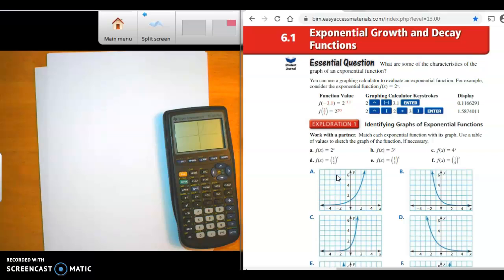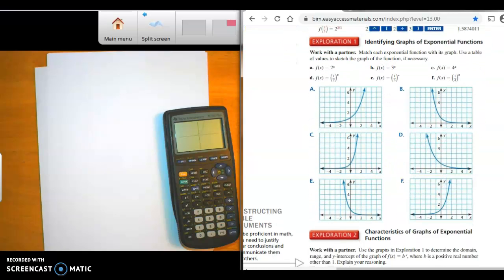It looks like the letter A. It's going up. It touches (0, 1), then it goes up here. So it looks like letter A. So 2 to the x is letter A.